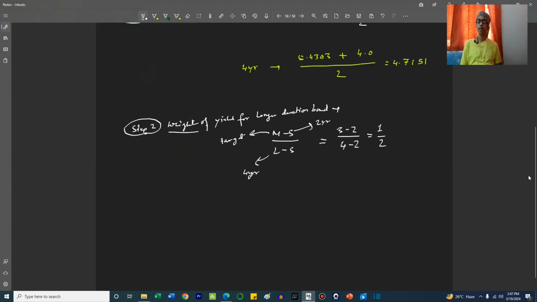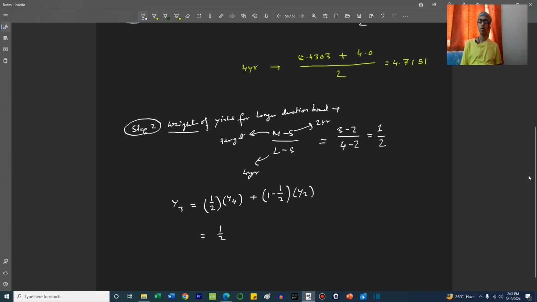So the yield of the 3-year bond is equal to half of the yield of the longer duration bond, that is the 4-year bond, plus 1 minus the weight of the longer duration bond into the yield of the shorter duration bond.